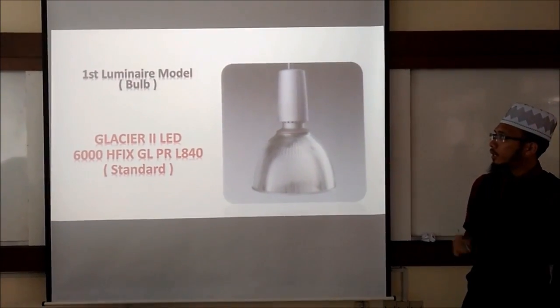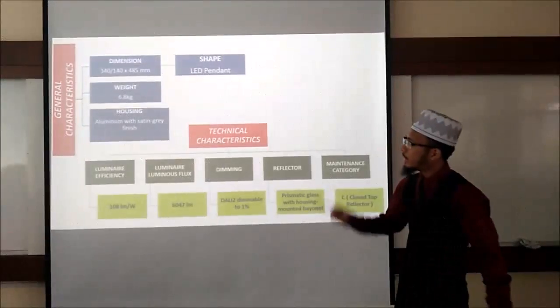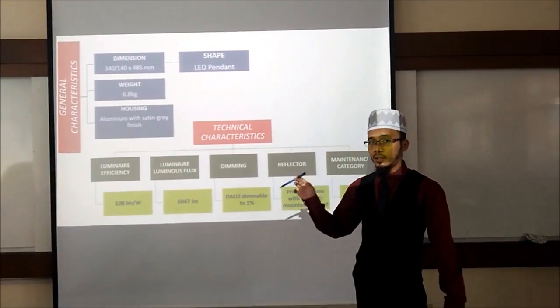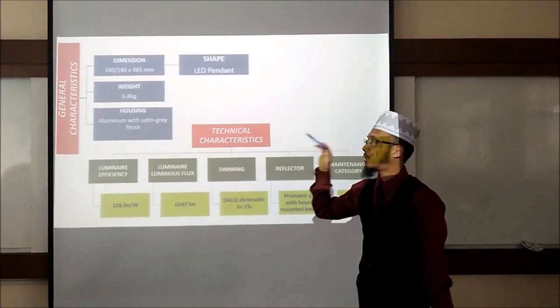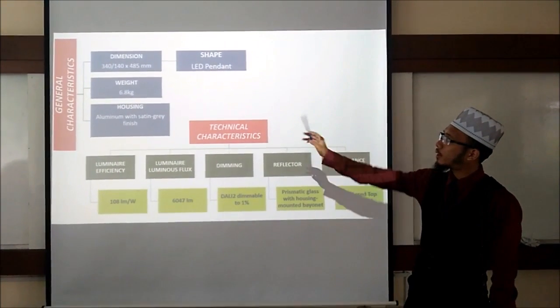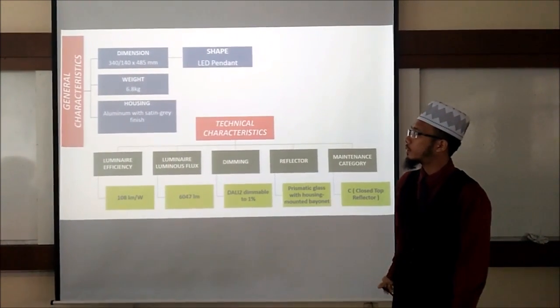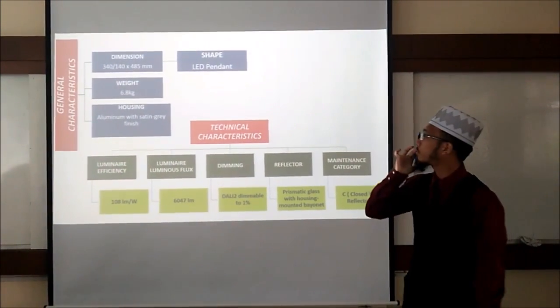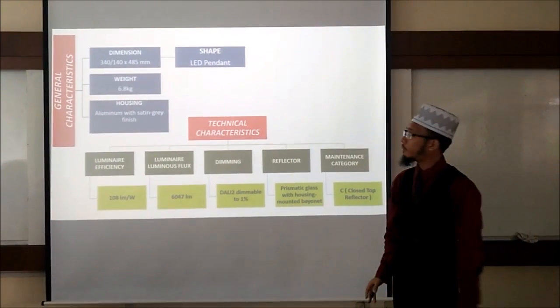For the first one, the bulb model, here are the general characteristics which are important in our research. First we need to know the dimension, which is 340 by 140 by 45 millimeters, and its weight is about 6.8 kilograms.